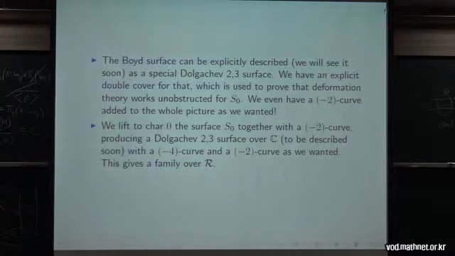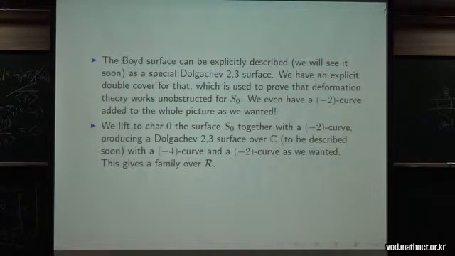And we have the situation in characteristic 7 that we want. So we will have this -4 curve and a -2 curve attached, transversal at one point. But this is characteristic 7. Over the generic point there is a Craighero-Gattazzo surface. And at the special point, we have this singular surface with a quarter 1-1 singularity. What happens is that for this singular surface, one can compute the obstruction and it actually vanishes.